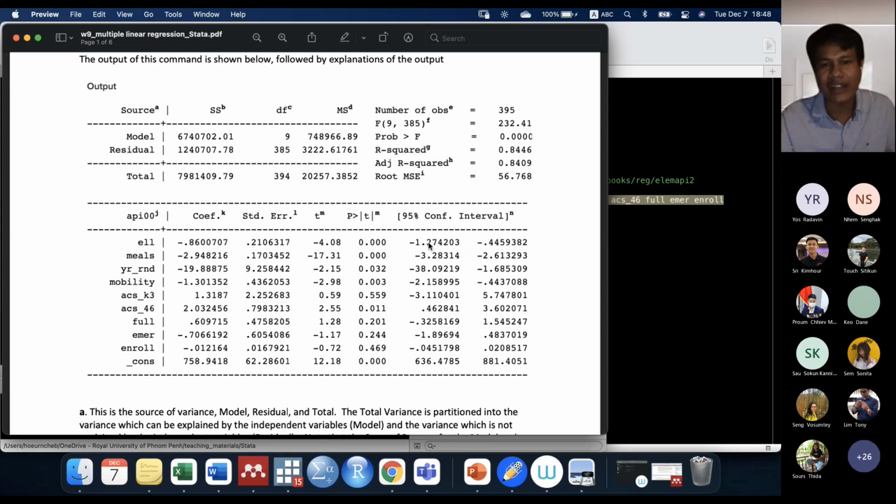You look at the 95% confidence interval. The lower bound is minus 0.2 and the upper bound is 0.4. Is 0 in the interval or outside the interval? You see, 0 is outside of the 95% confidence interval.